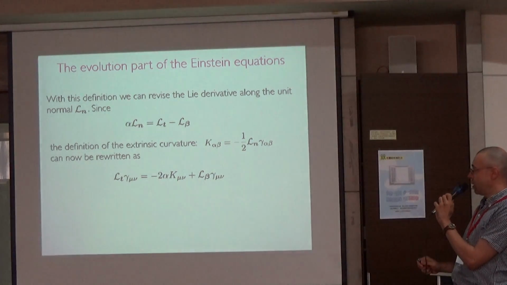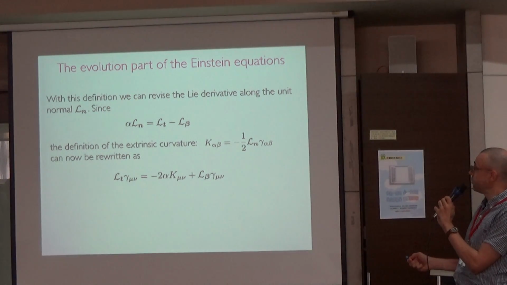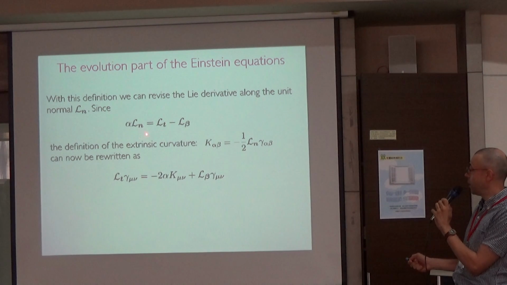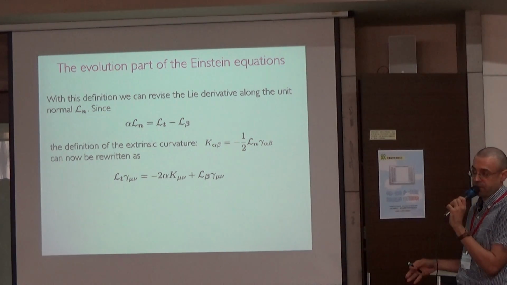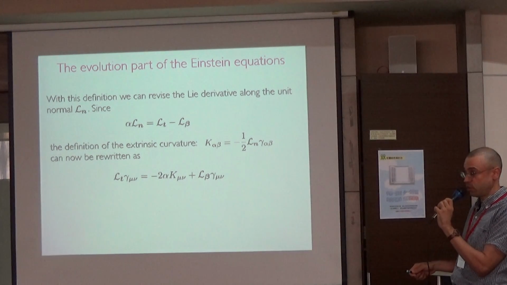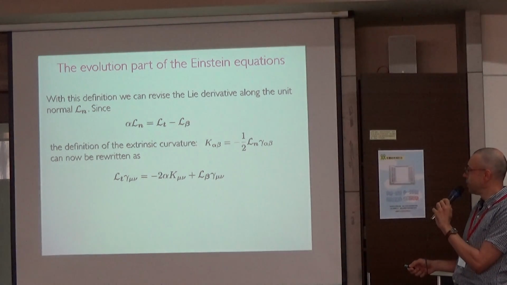Okay, now if T is n alpha n plus beta, then the Lie derivative with respect to the vector n is related to the Lie derivative with respect to T and beta in this way. It's just a vector composition.